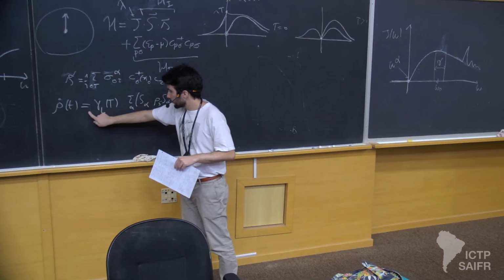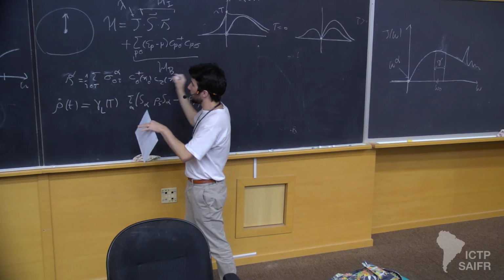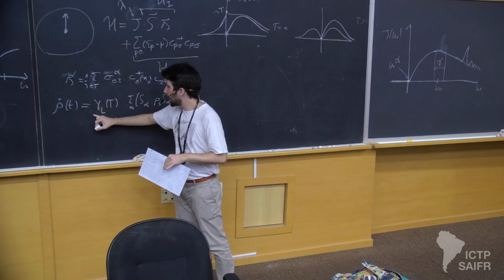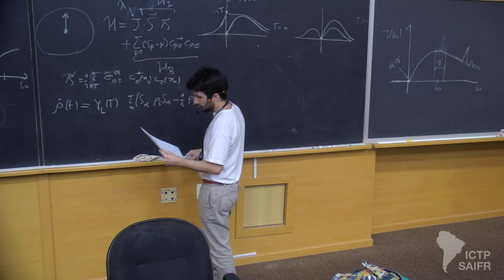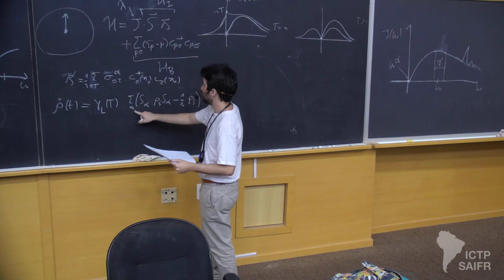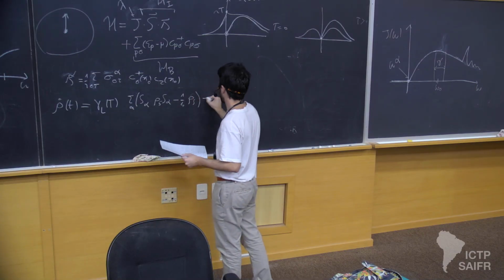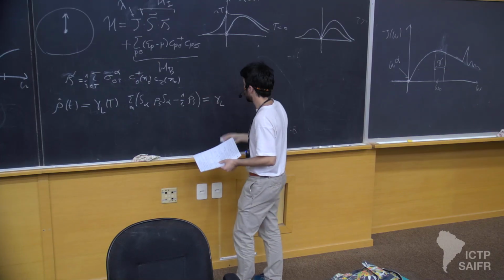So you take the correlation function of this object, you take the Laplace transform, and you can compute a decay rate of this. Actually, there's a nice thing that can be done. Basically, this sum can be simplified, thanks to the properties of spin operators, these are spin 1/2 operators.